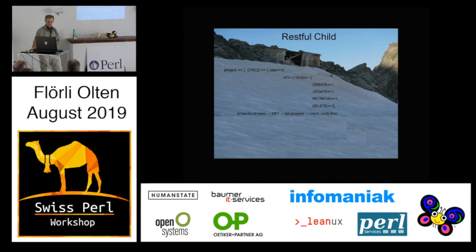So in this case, instead of going to API users, it goes to the users sub of the project. A lot easier in your coding when you're coding it, because obviously you're looking at the users of a project, you want some sort of collection. Post, of course, it goes to users update and create. The get, of course, goes to user child, because you're getting a single child out of the API.